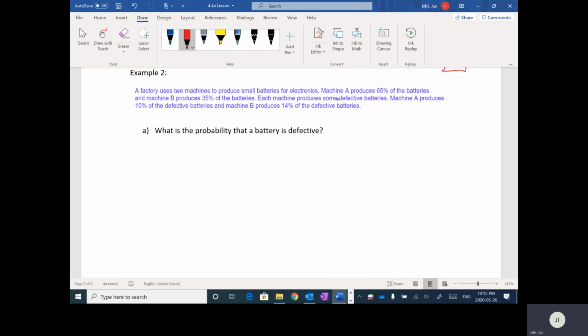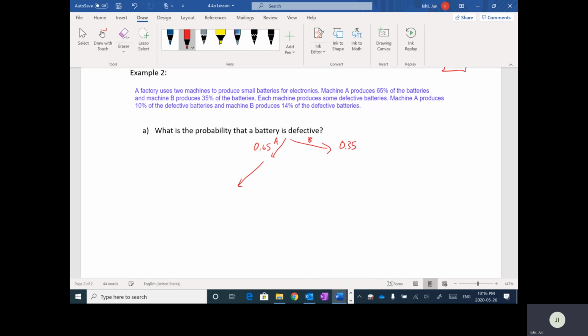All the batteries are either going to come from machine A or machine B. The probability that a battery comes from machine A is 65%. I'm going to write that as a decimal, so 0.65 goes to machine A. From machine B, it's going to be 0.35. Again, 65% of the batteries come from machine A, 35% come from machine B.